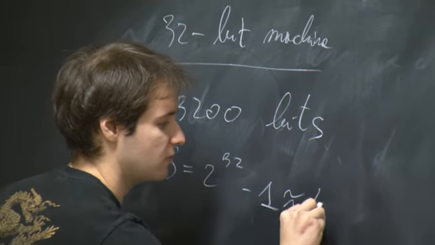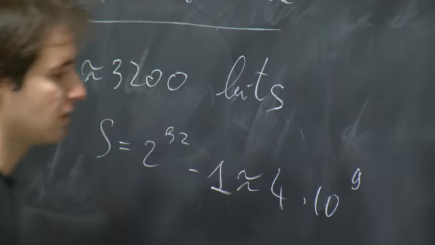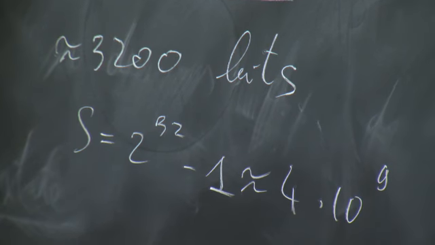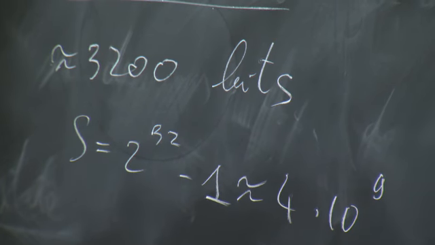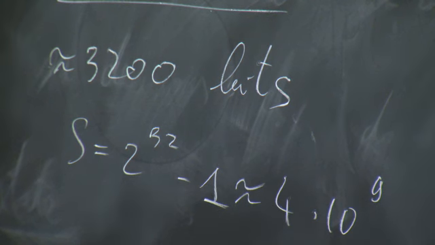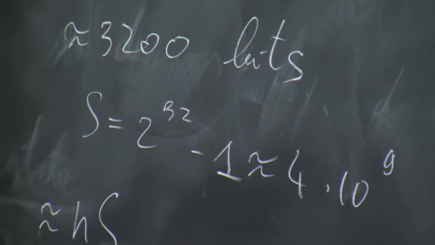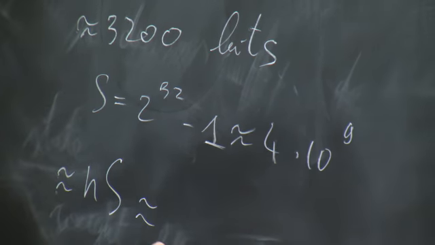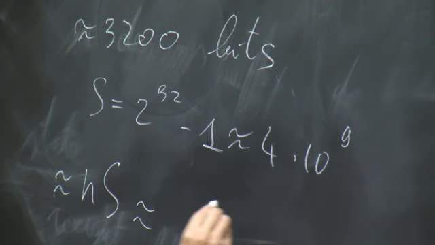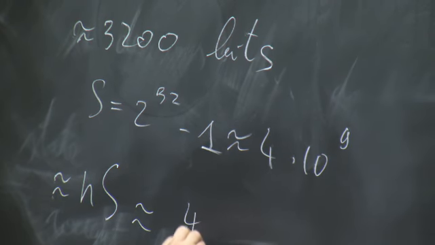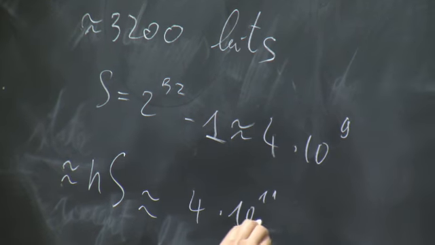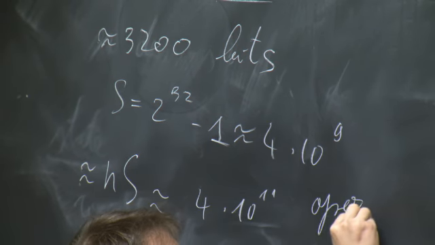Which is roughly 4 times 10 to the 9. So the worst case running time is roughly n times s, which means roughly 100 times 4 times 10 to the 9, which means 4 times 10 to the 11 operations.